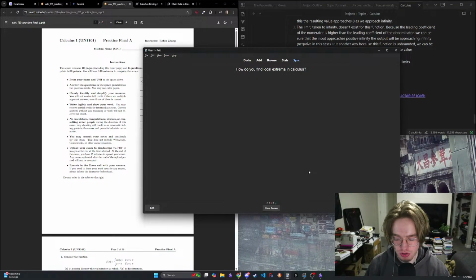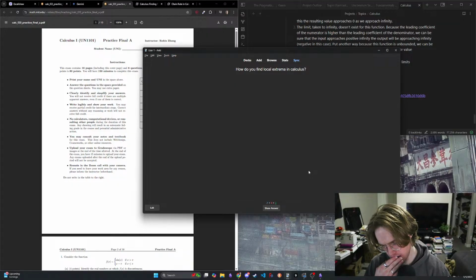You evaluate the first order derivative at 0, and then from that you take the results, you find where x is 0 for the first order derivative.